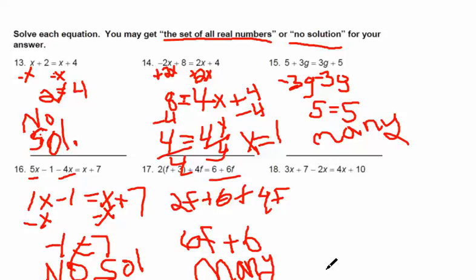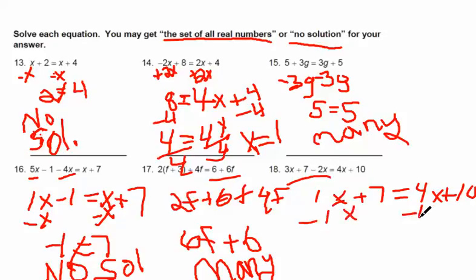And then finally on number 18, we can simplify the 3x minus 2x to be 1x plus 7 will be equal to 4x plus 10. And this is not the same thing on both sides. When we start solving this one, this is just going to give us an answer. The x's are not going to be gone.